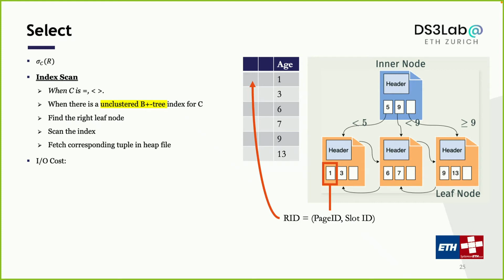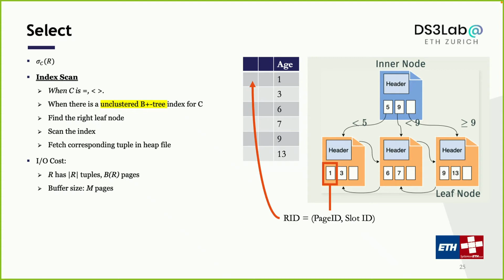What is the cost of that? It's getting a little bit more interesting. Again, let's assume we have this buffer, and let's assume the buffer is cold, that is, there's nothing in the buffer at this moment. What is the cost of doing this?